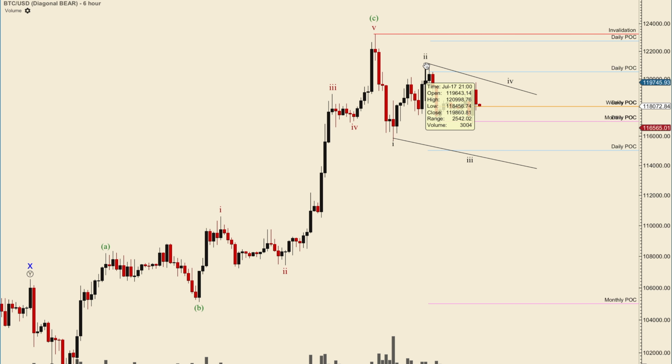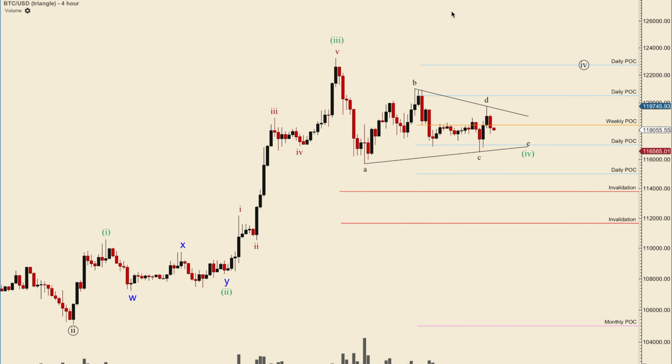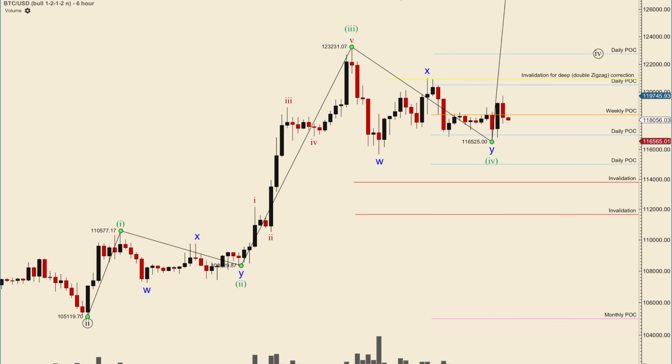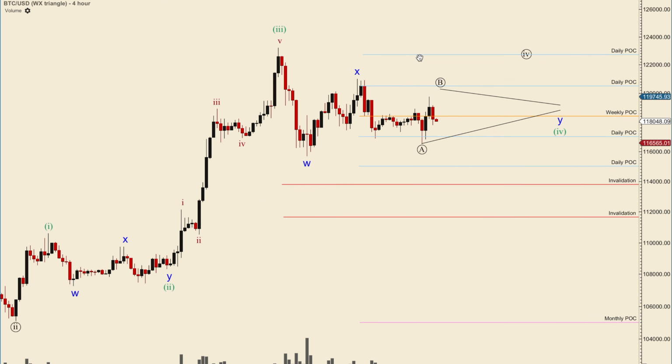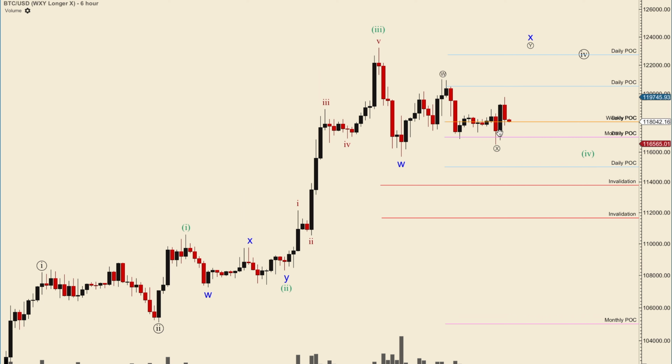But yeah, so basically, to sum it up, we are looking to finish this green wave 4 that has the highest probability, either as a triangle, a finished WXY, a WXY as a triangle, a WX flat, or a WXY. So still ranging a bit more, and it's not uncommon either for time.